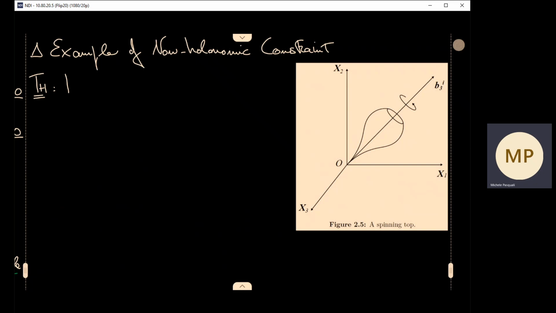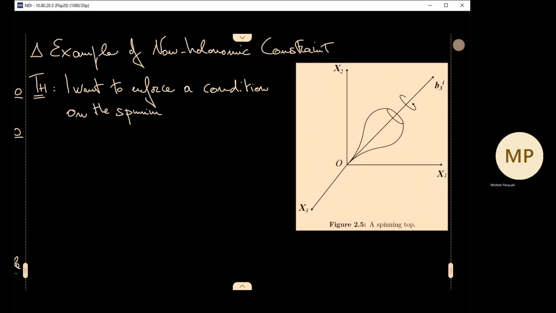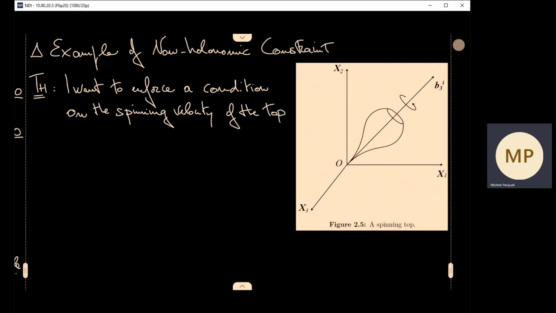So I want to enforce a condition on the spinning velocity of the top. Velocity, please.